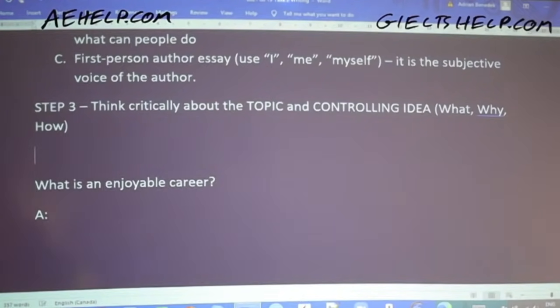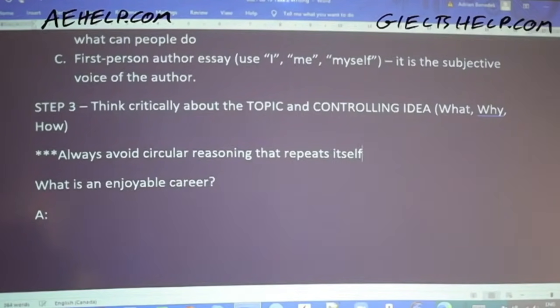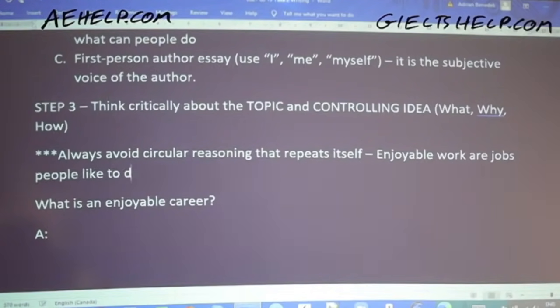Okay. Always avoid it. And this is a very important tip for university. So enjoyable work is jobs people like to do. This is not a good definition.